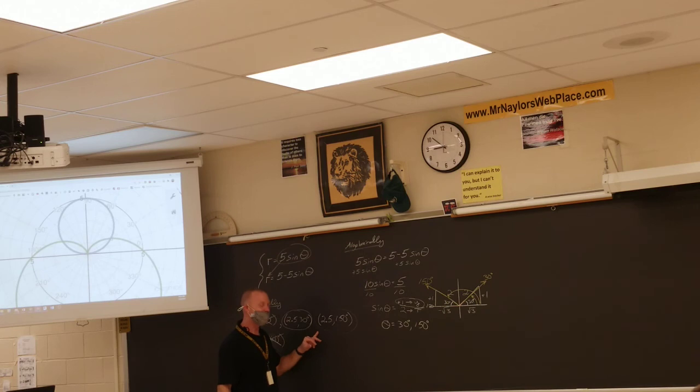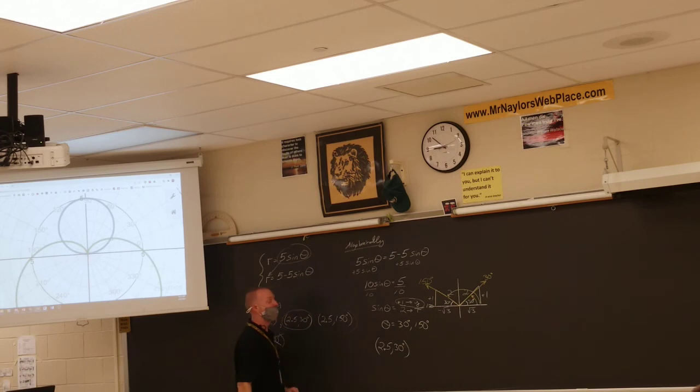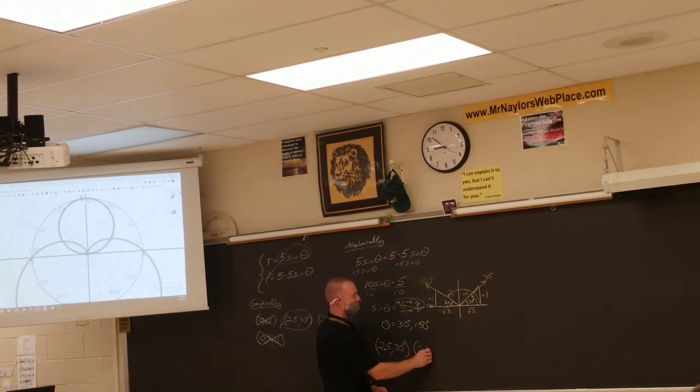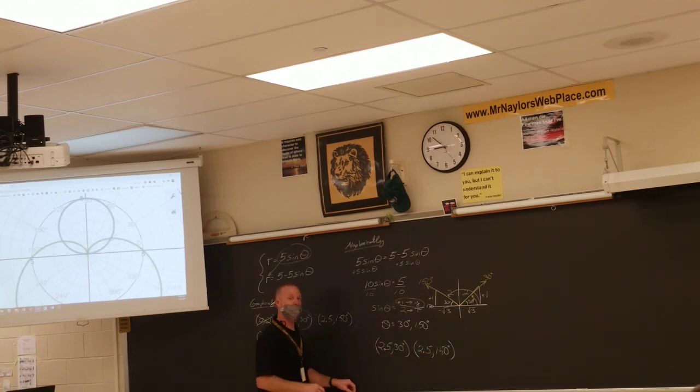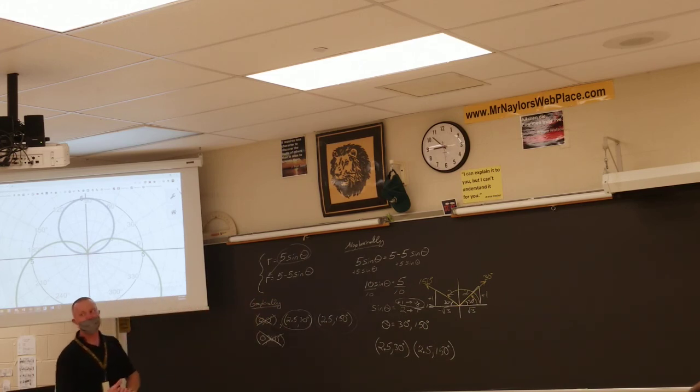Even though we already did this, when I take 30 and plug it back into the equation, I end up with 2.5. So 30, 2.5 has to be a point. Same thing with 150. You plug it back in, we already did it, and it comes out to be 2.5. So the answers to this problem are actually points. But it's the angles that took a little bit of math.